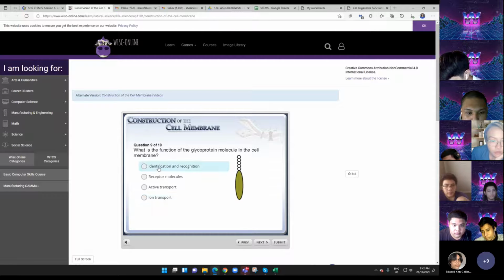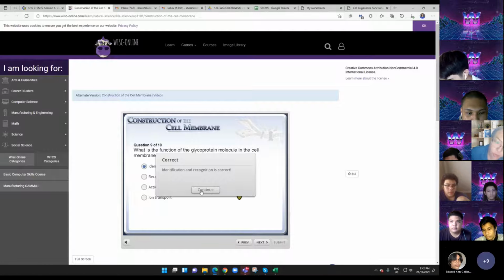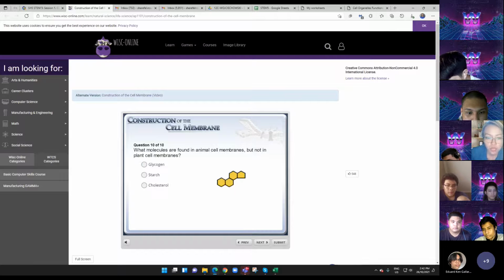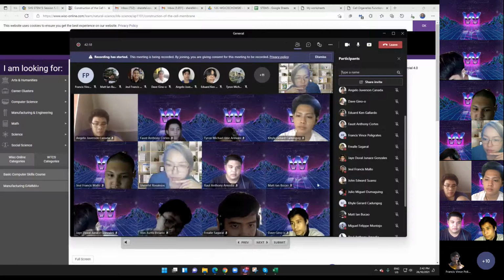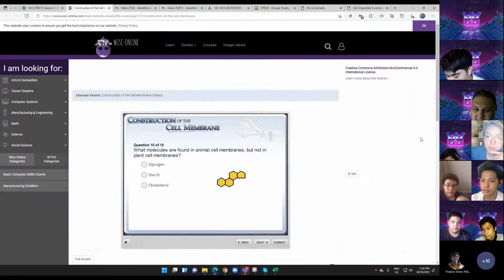First, ma'am, identification, recognition. Identification, yes. Recognition. Remember that one? Kaya di ba mailhan nila kung asa sila padung through glycoprotein. This one, what molecules are found in animal cells but not in the plant cell membrane? Suarez.